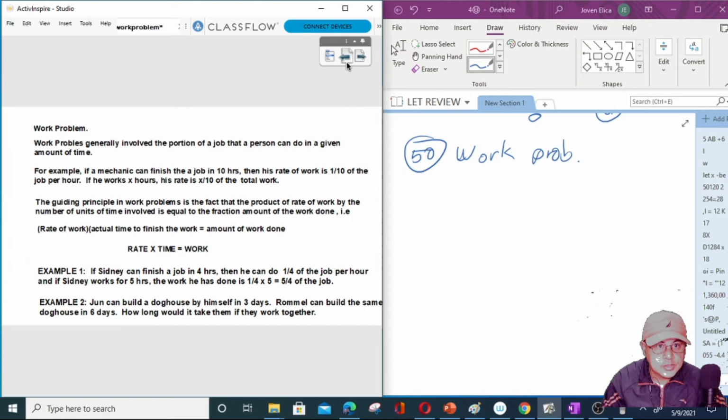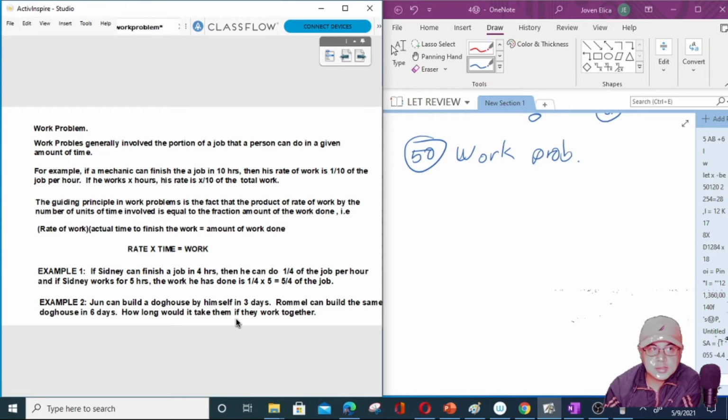Let us review what is work. Work problems generally involve the portion of a job that a person can do in a given amount of time. And sometimes in a work problem, there are two persons involved that can finish a job.